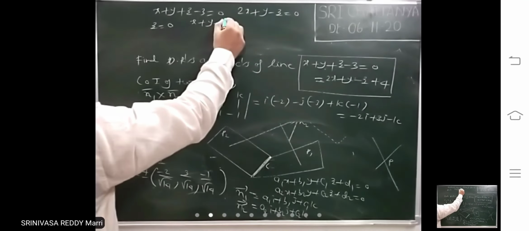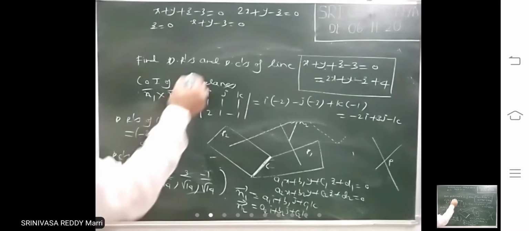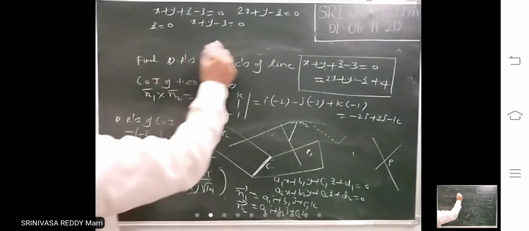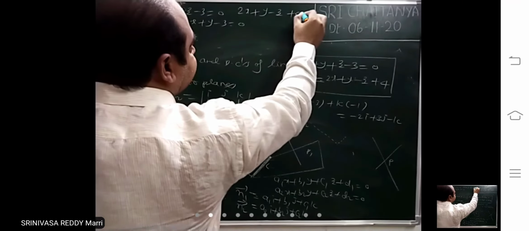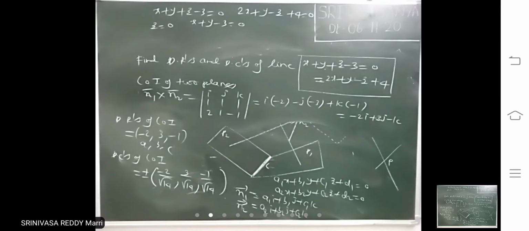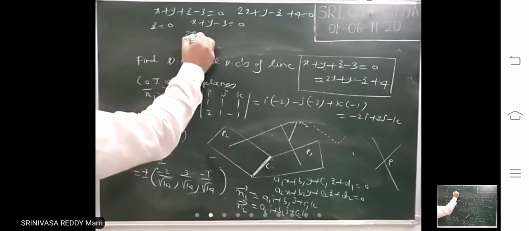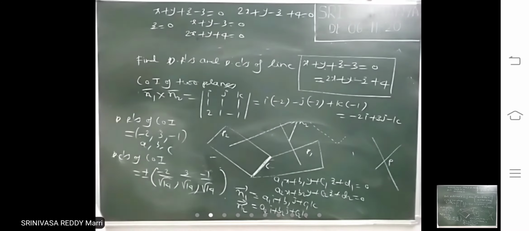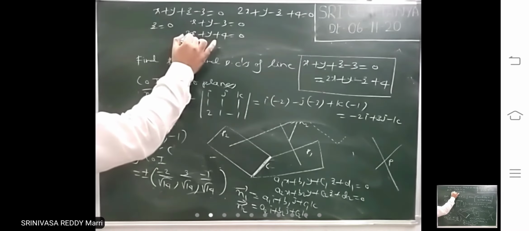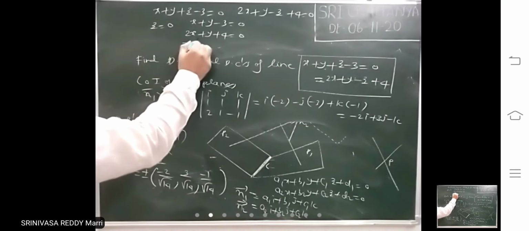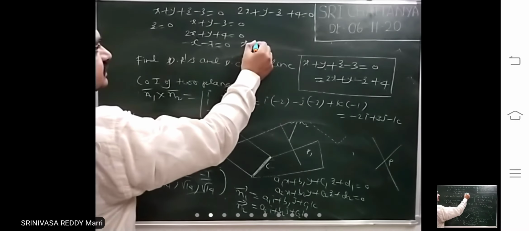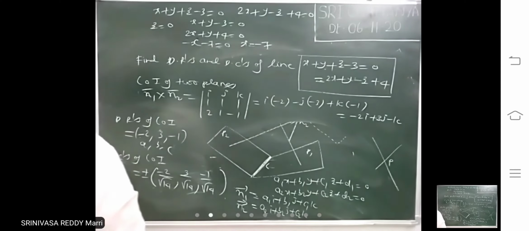So x plus y minus 3 equal to 0 from the first plane. From the second plane, with z equal to 0, 2x plus y plus 4 equal to 0. Find x and y. This minus this gives minus x minus 7 equal to 0, so x equal to minus 7.